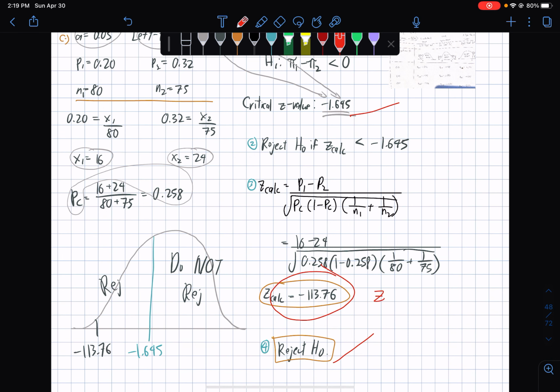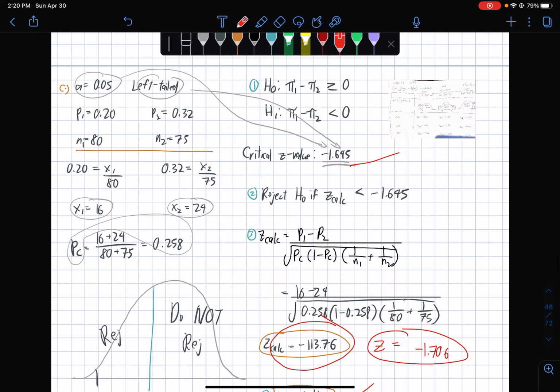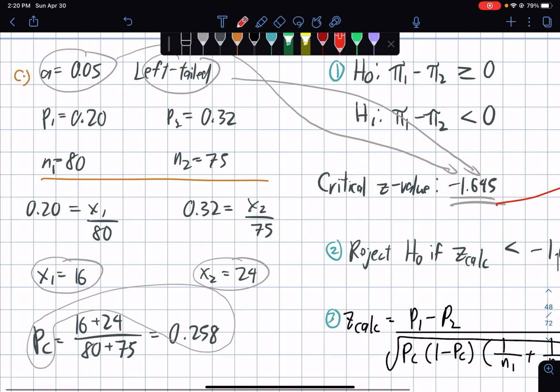According to the answer key, the z calc is negative 1.706. I don't know anymore. I don't see anything wrong with the computation. Let's see if we got the x1 correctly. 0.20 times 80, 60.